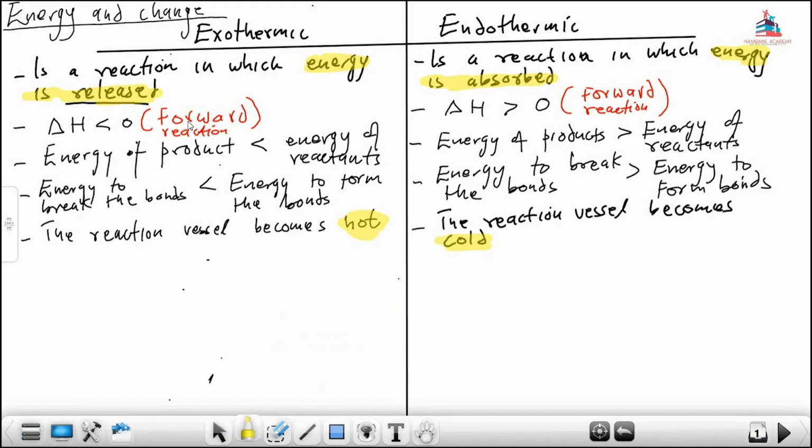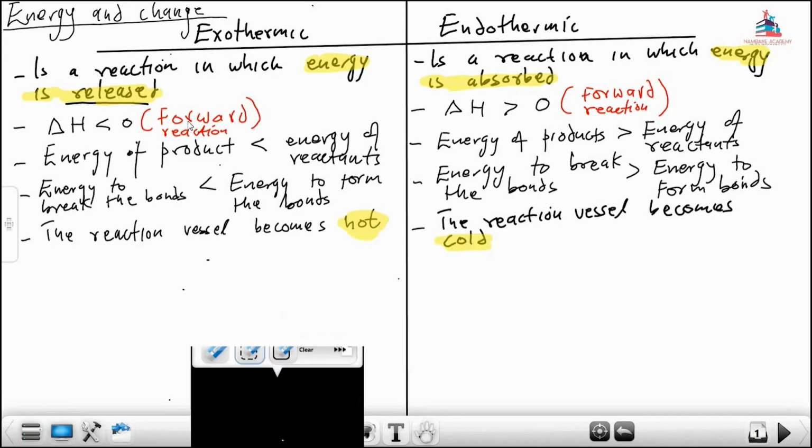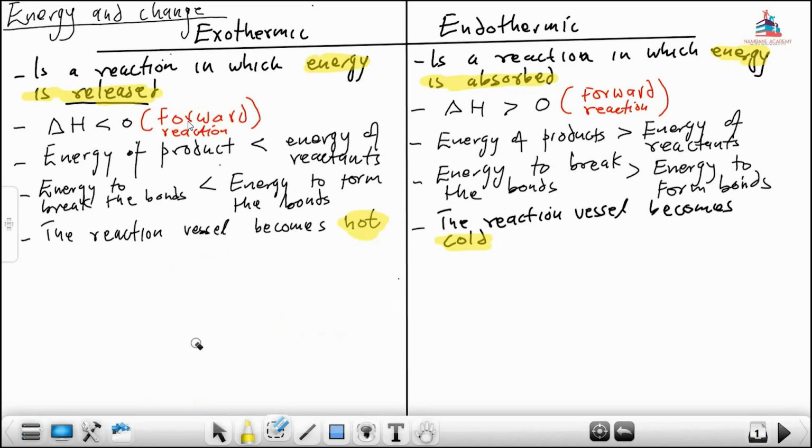So if I am told that the reaction vessel is getting cold, then I know that I am working with an endothermic reaction.